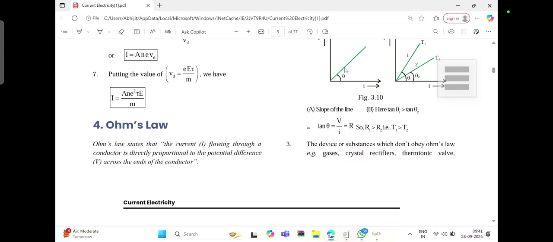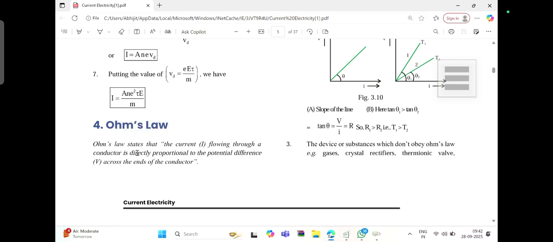I have already discussed slope. What is the slope of a graph? That was already told in your class. We discussed Ohm's law. What is Ohm's law?